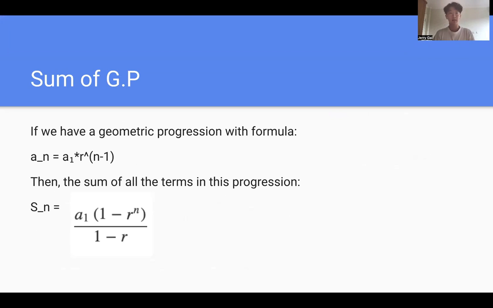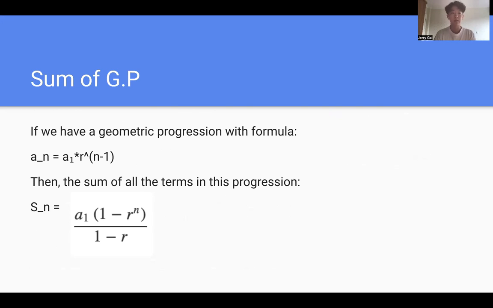Next, let's talk about the sum of a geometric progression. If you have a geometric progression with the standard formula an is equal to a1 multiplied by r to the power n minus 1, where r is the same as q before, which is the common ratio, then the sum of this progression is a little bit complicated, but you need to memorize it.